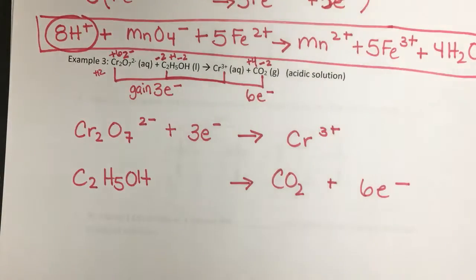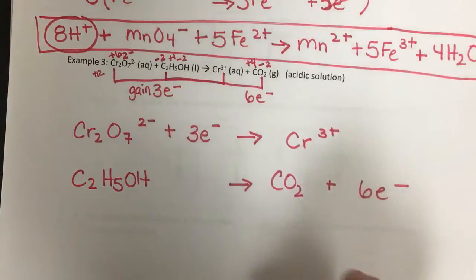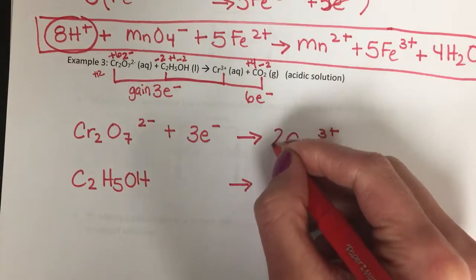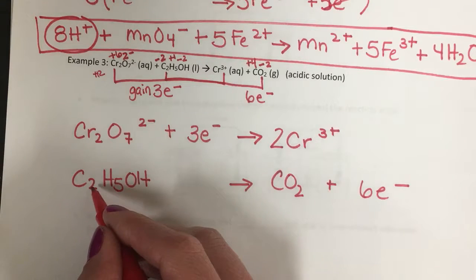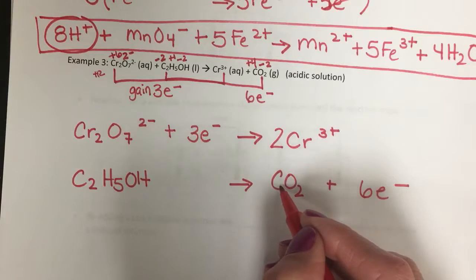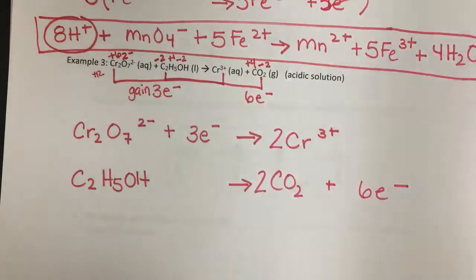Okay? Now I start by balancing my elements other than hydrogen or oxygen. 2 Crs, 1 Cr. I need to multiply that by 2. 2 Cs, 1 C. I need to multiply that by 2. Everything except O's and H's are balanced. Okay?